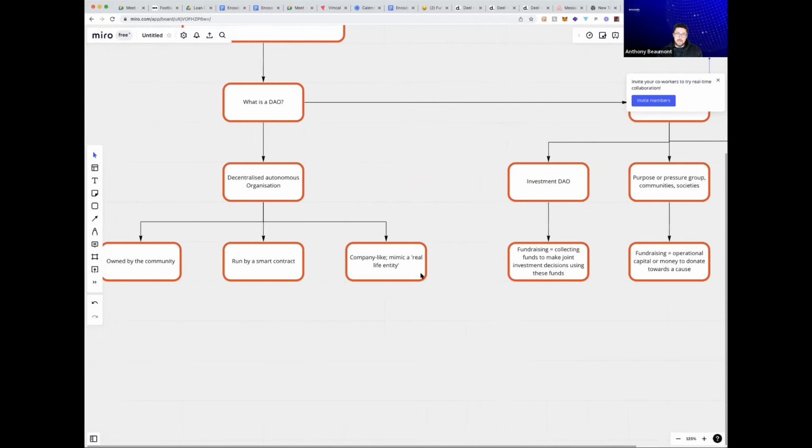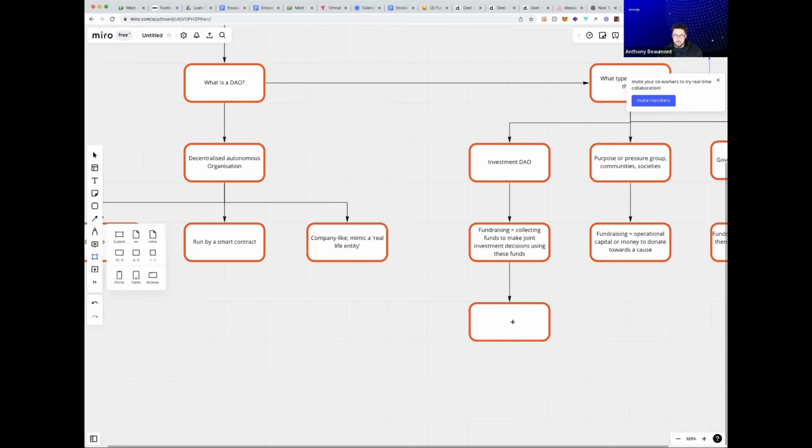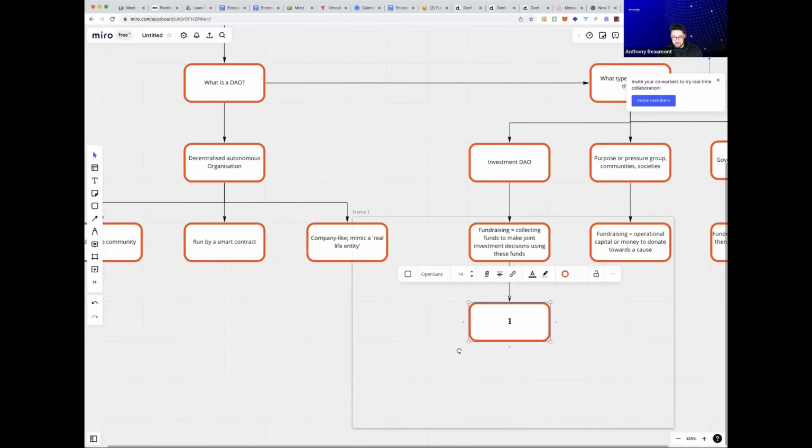Now, fundraising for an investment DAO is basically about fundraising from your friends or your social network. It's like me saying to the Encode team, let's do a DAO to invest in startups. Let's pool our money together. It needs to be first and second connections.